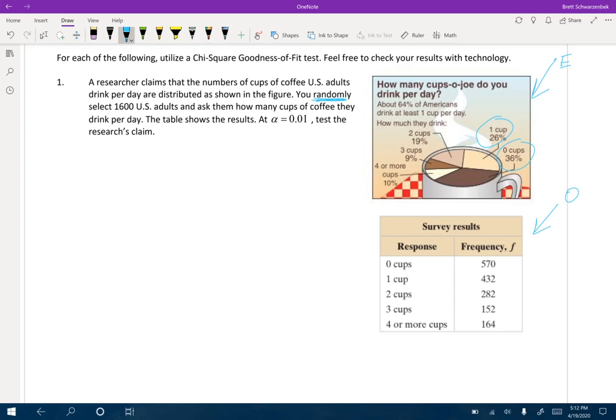So null and alternative. The null is going to be that the current distribution is the same as the claimed one. So the distribution, in words, the distribution of cups of coffee is the same as the researcher's claim.